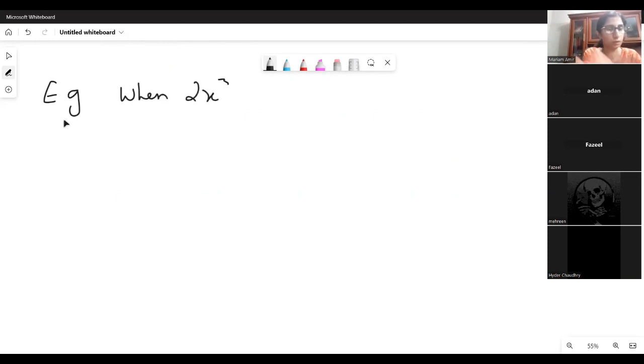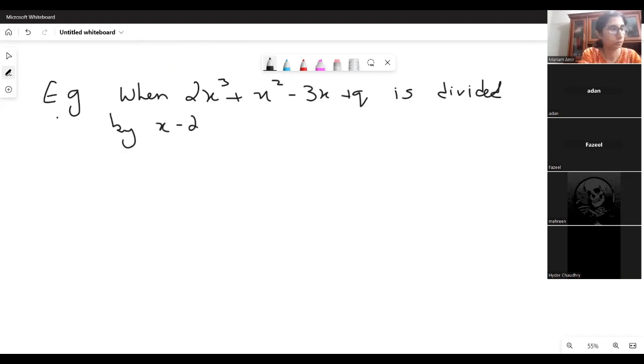So that is when 2x cube plus x square minus 3x plus q is divided by x minus 2, the remainder is 12. Find q.